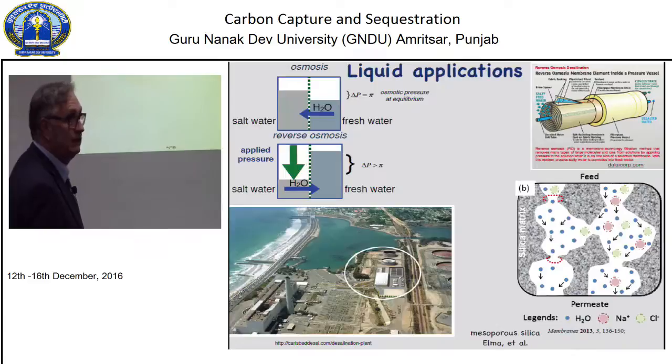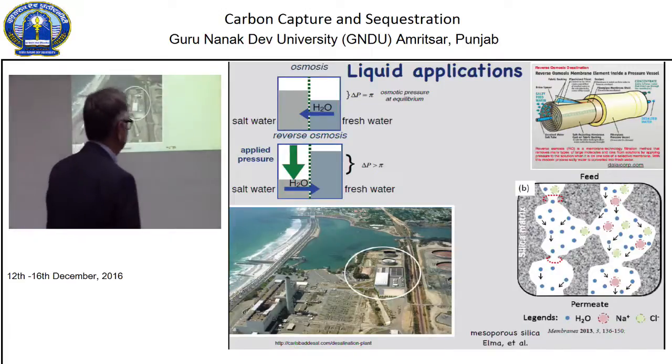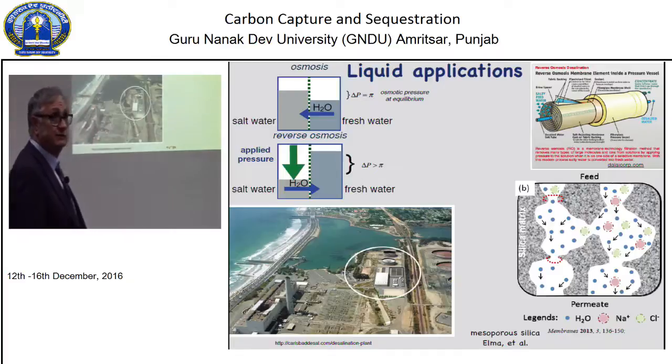Membranes are used widely already, particularly in the area of reverse osmosis, which is to say you can apply pressure to salt water and the ions are excluded and the fresh water goes through, and you can generate fresh water. In fact, in California, as you probably know, there's a considerable concern about drought. And here's a very large desalination plant on the beach of Southern California, and they run this particular process, which uses membranes.